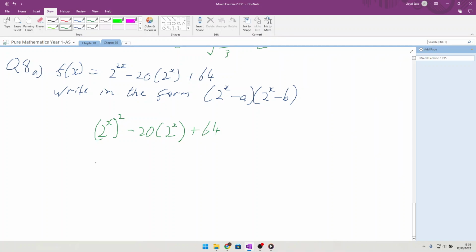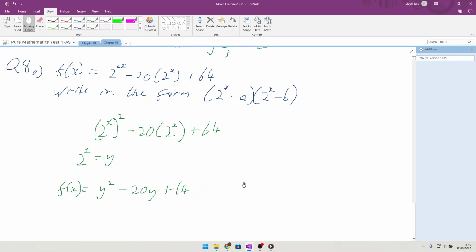And what that means is we can say that 2 to the power x is equal to y. And so I can rewrite the whole equation and say y squared minus 20y plus 64 is equal to f of x.